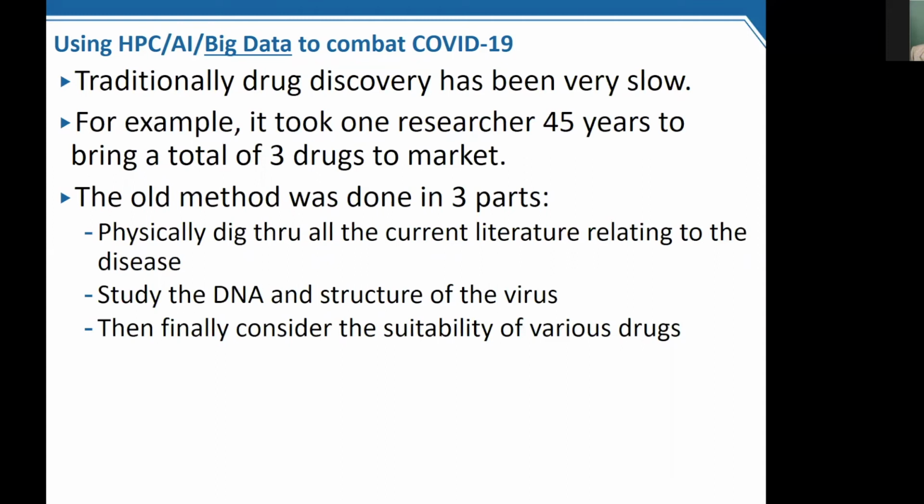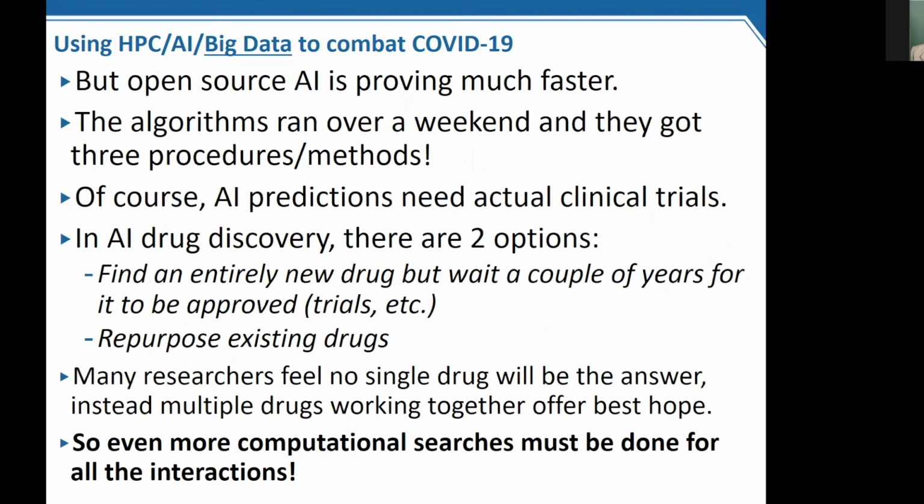In the past, drug discovery took a long time, sometimes several decades. Physically, someone would dig through the current literature, which is a tedious manual task. Then they'd study the drug, the virus, the DNA. And then once they've figured out which might be potential, they actually have to go for human trials. And that takes, again, another decade or so.